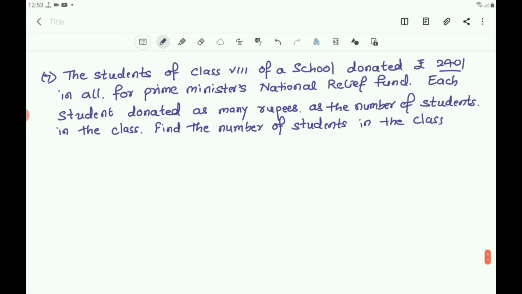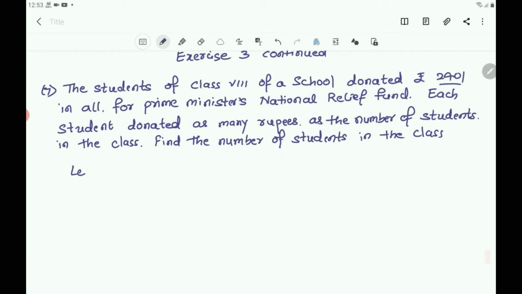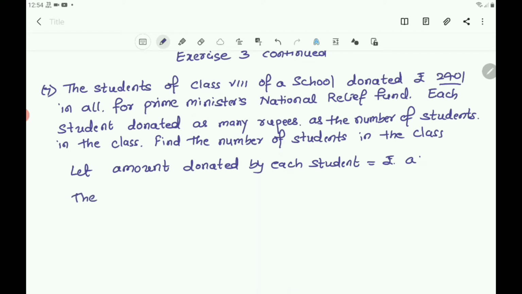So let the amount donated by each student equal rupees A. Now the number of students in the class also equals A.